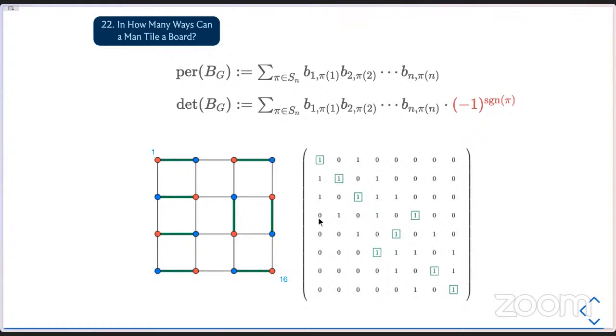Because it's the transposition where we send, I think, 4 to 6 and 6 to 4, right? Everything else is a fixed point. So this permutation is a single transposition. It's one swap. So what is its sign? Its sign is going to be -1, and so notice that when we come to this permutation here, that term in the permanent will contribute a +1, but in the determinant will contribute -1.